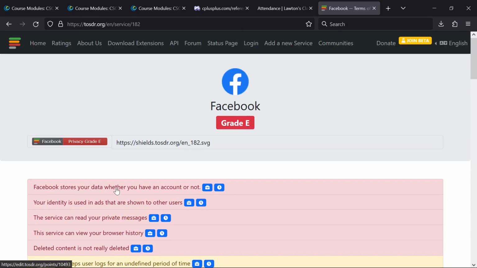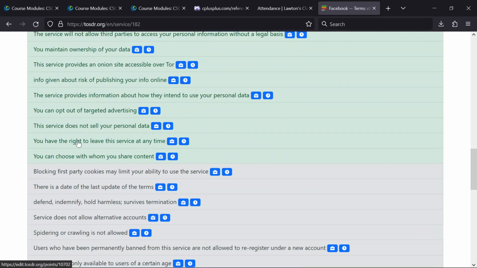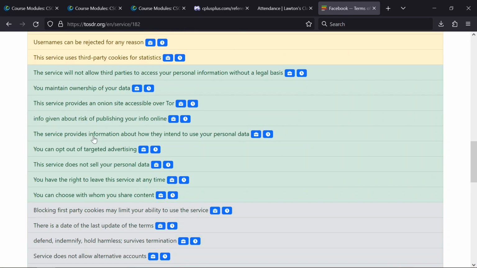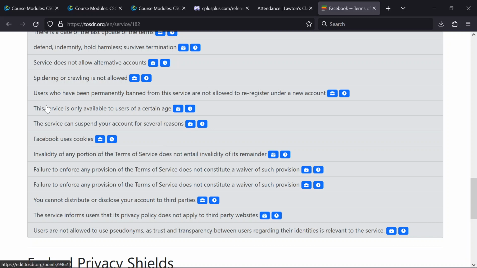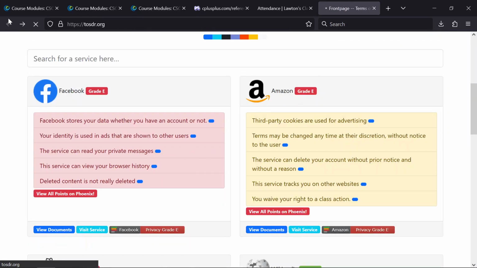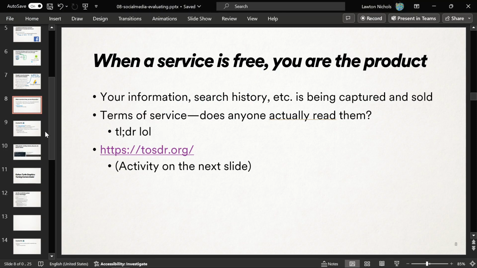This is what is listed in the terms of service that you did not read. Okay? So here are some red things, some yellow things. I'm sure there's some green things too. There's some good things that Facebook does, but they're outweighed apparently by these things. There's some neutral ideas. So yeah, a bunch of interesting facts that you've probably never had spelled out to you before. So please go to this website, and then I'm going to give you an activity.